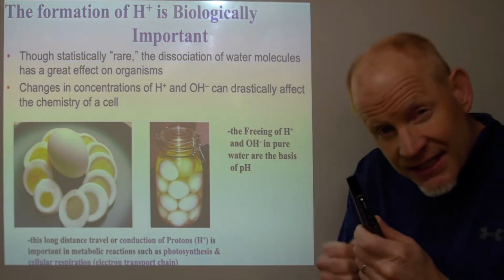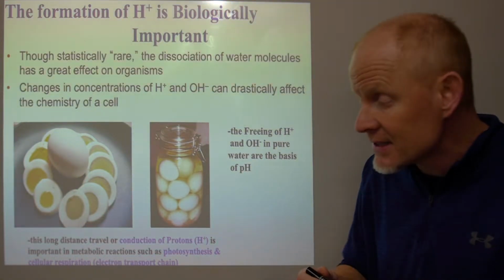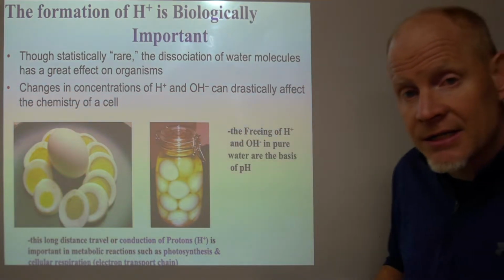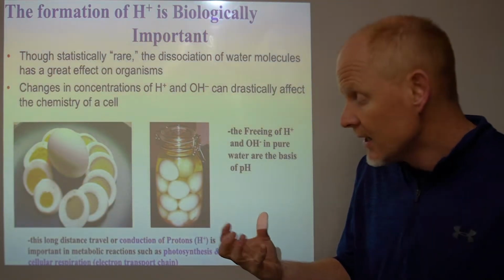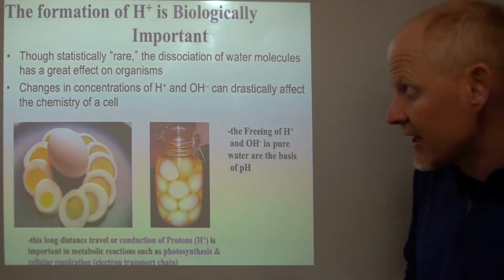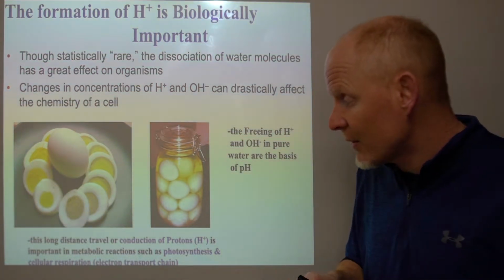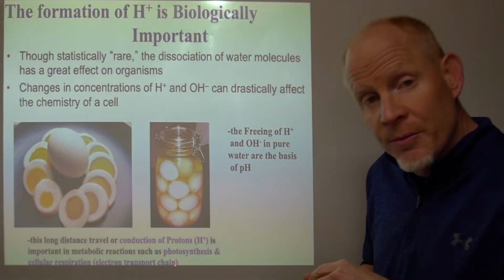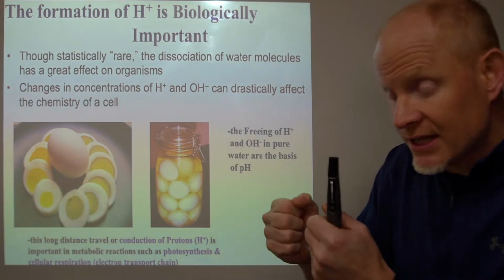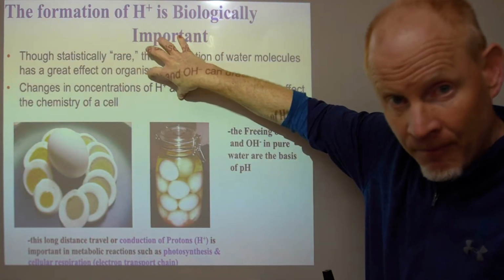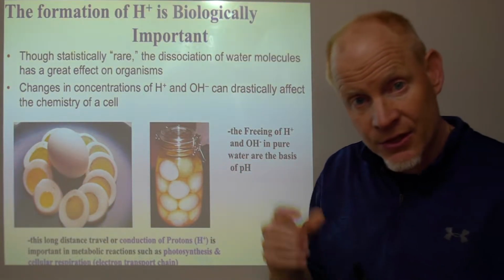Because water does disassociate, we form ions, and the body can utilize this and conduct the protons in important metabolic reactions, particularly when we start talking about photosynthesis and cellular respiration. Photosynthesis helps this process by absorbing energy from the sun, which then splits water more readily. It happens a lot faster than just spontaneous disassociation.